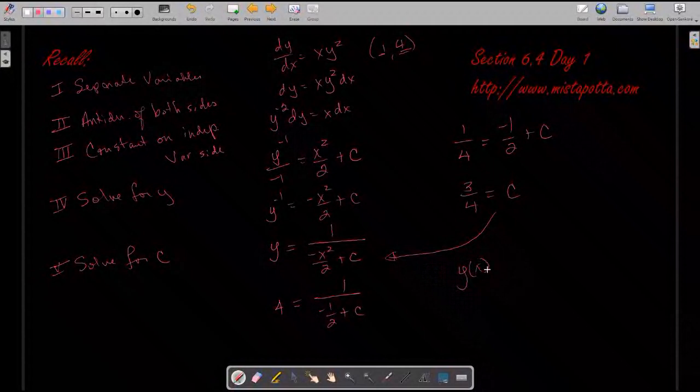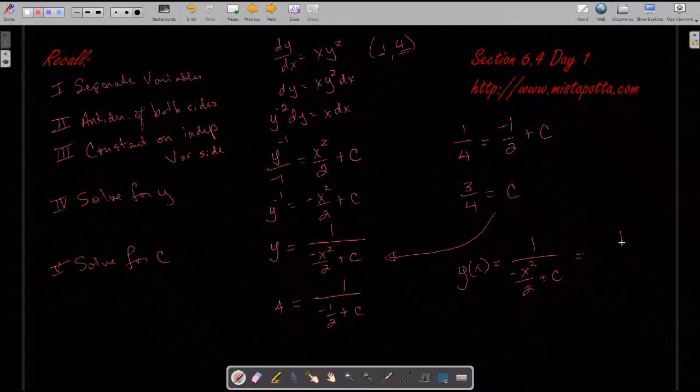y as a function of x is equal to 1 over negative x squared over 2 plus a constant. And of course I could write this as 1 over 3/4 minus x squared over 2.